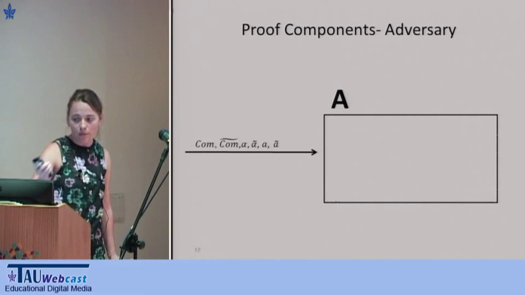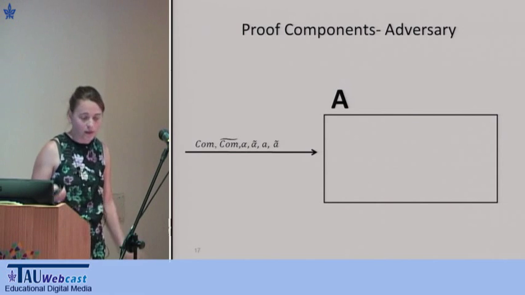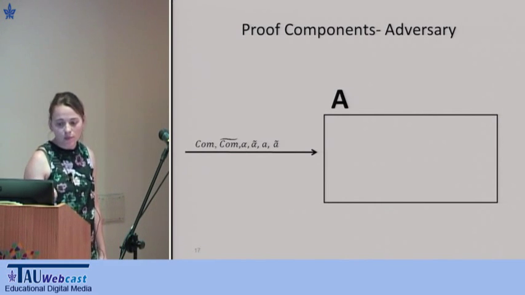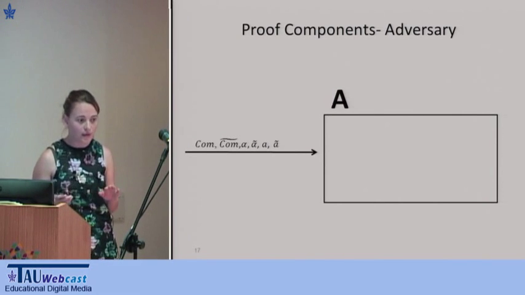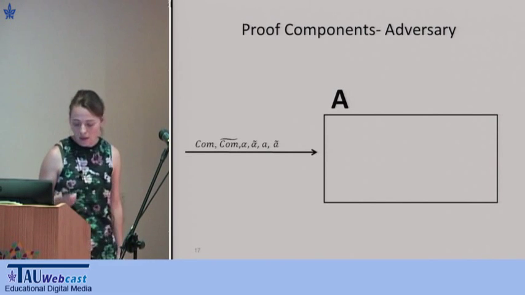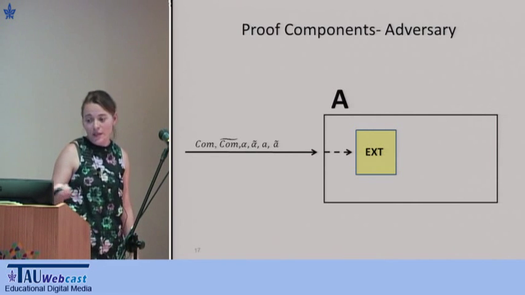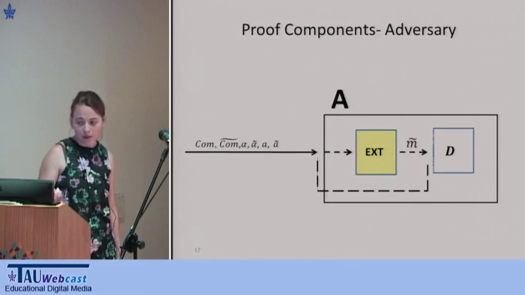Let me tell you how we construct an adversary that breaks hiding in case the simulator is not a good simulator. The adversary will receive a transcript that belongs either to the real or to an ideal execution, both sides of the transcript, the left and the right side. He will forward it to the extractor, which will squeeze out of it the message committed on the right by the man in the middle.